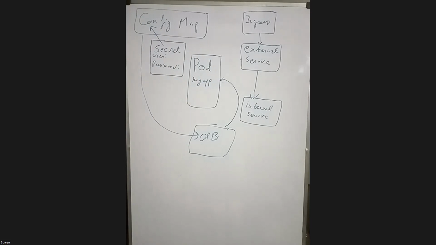So ingress, external service, internal service, config map, what is left? Let me see the components. Yes: service, ingress, config map, replica set. The replica set maintains the replicas. And then comes our deployment. So, the architecture.